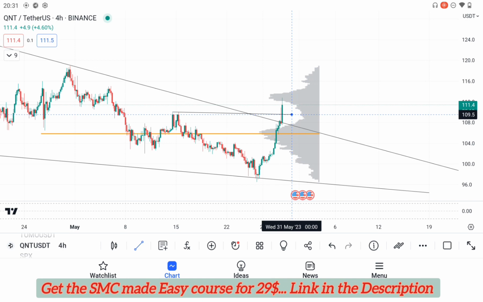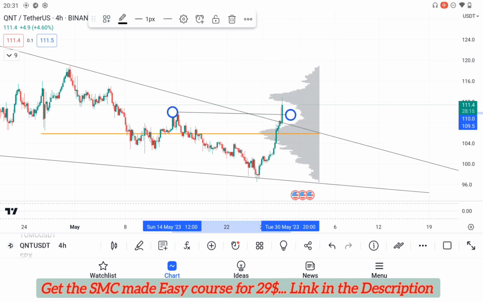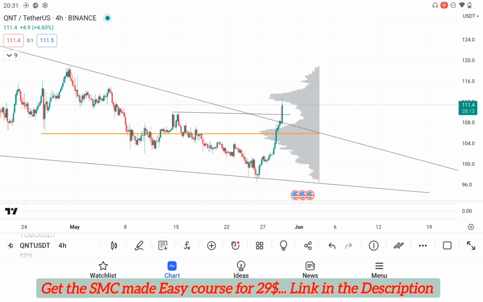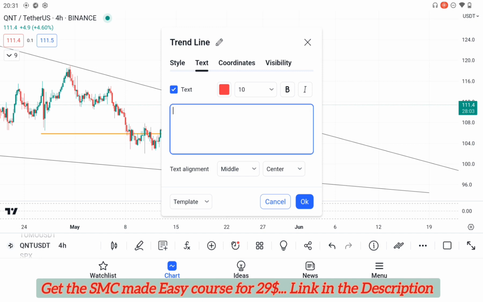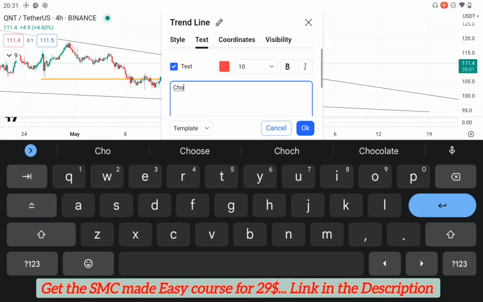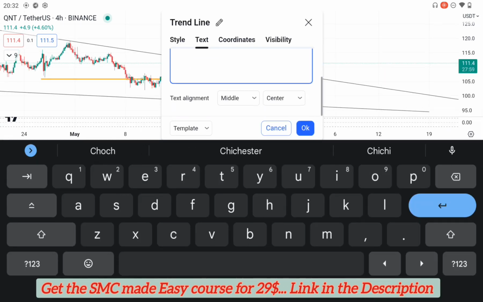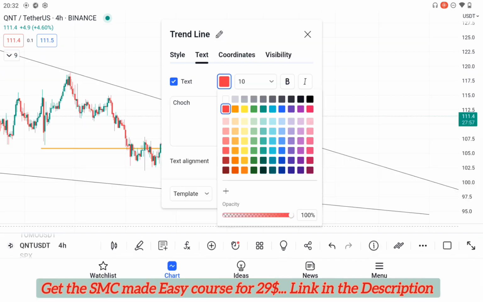If this stands, it is most certain that we're going to be having a change of character. So I'll be looking towards buying. I'm just going to call this chalk. Yep, it's a bullish change of character, by the way.